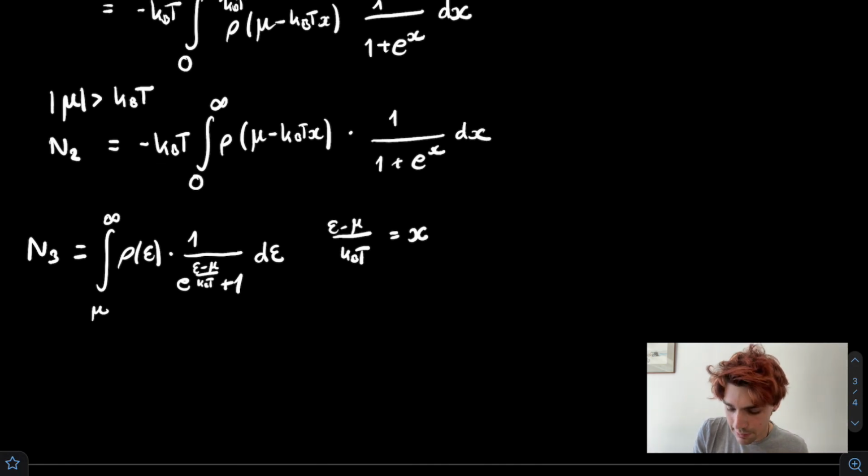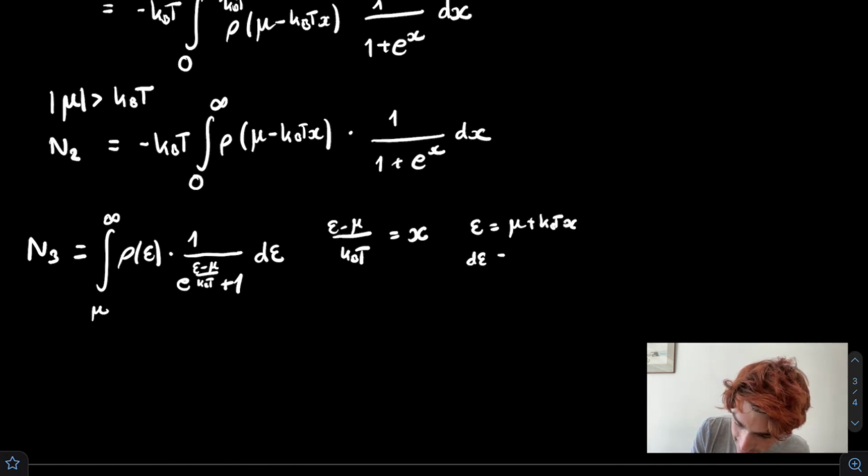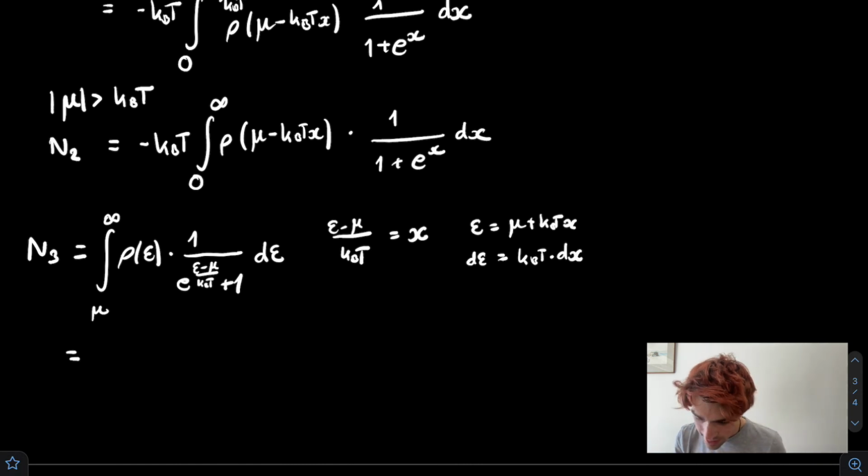So we've done n2, we're now on to n3, and we're just going to make the same substitution that we did again. So epsilon is equal to mu plus kBT times x, and d epsilon is equal to kBT times dx. So we're going to rescale this.